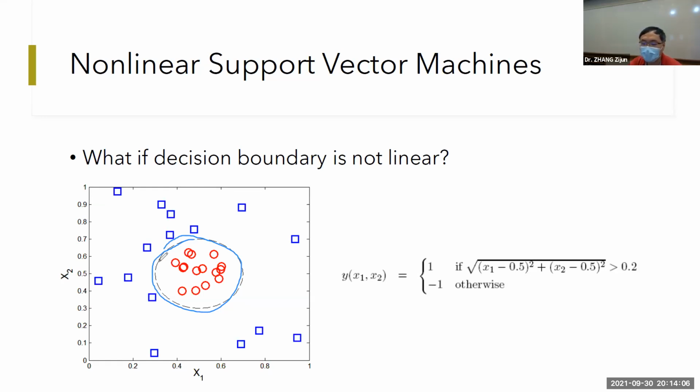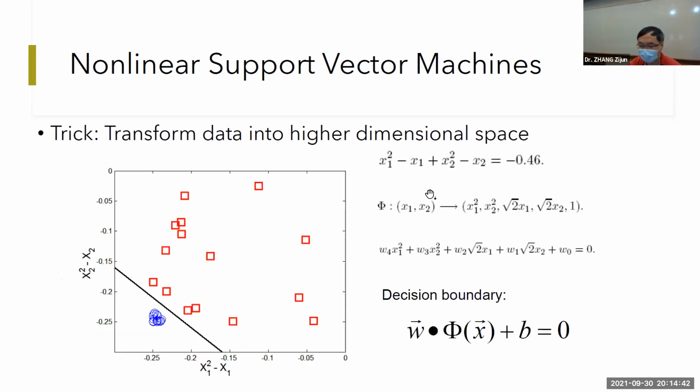And if we mathematically write out this circle, this decision boundary, it will be like this. This square plus square larger than something is the definition of a circle. If you know high school math, you will know it. And how can we change the relationship from X? And how can we naturally find such a nonlinear boundary?